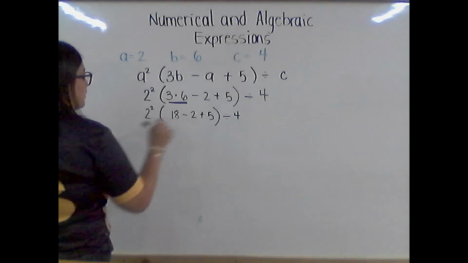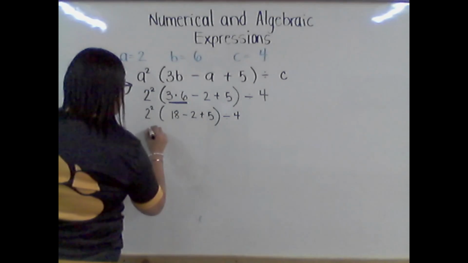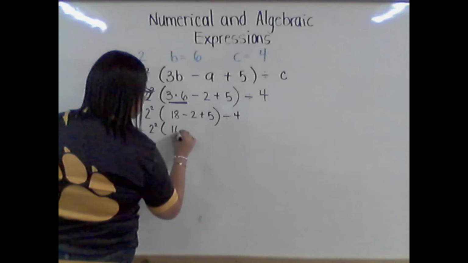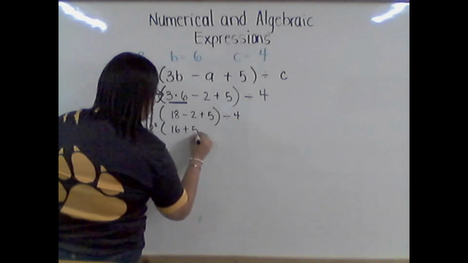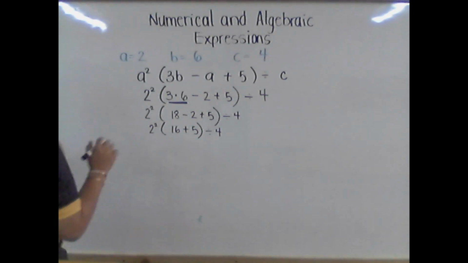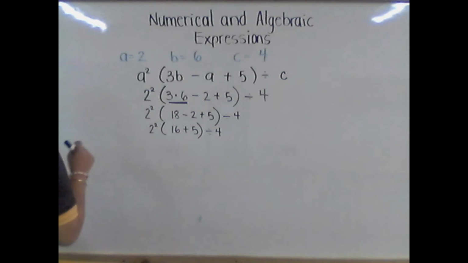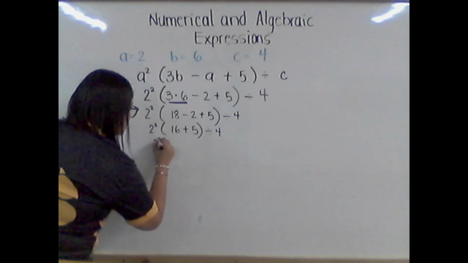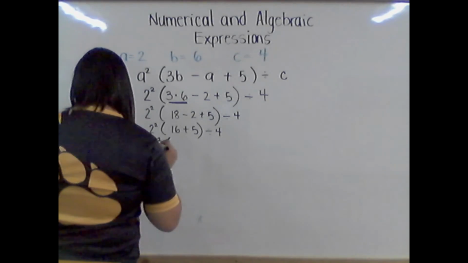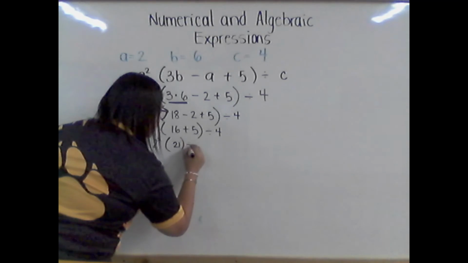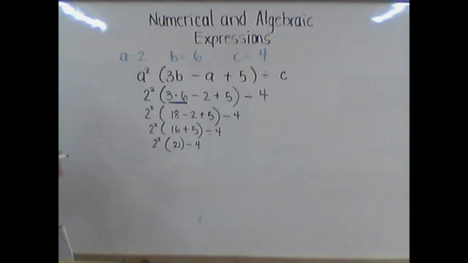I still have operations inside the parentheses, so I continue working out those. 18 minus 2 is 16 plus 5 divided by 4. There's one more operation inside this parenthesis, which I will solve next. 2 squared. 16 plus 5 is 21 divided by 4.